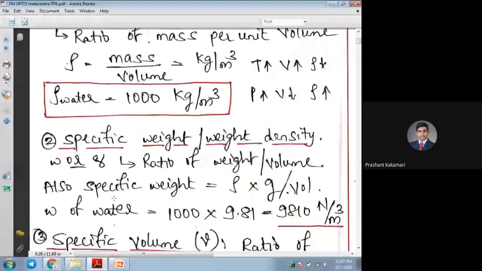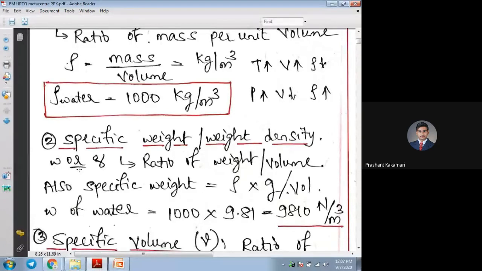Sometimes, to confuse, they may ask with the specific weight also. Is that clear? If they say weight density, everyone knows that you have to take the ratio of weight and volume. But to confuse, they may say specific weight. So here you have to take the ratio with respect to weight per meter cube, and it is denoted by small w or gamma. So these are the two symbols here, w or gamma.